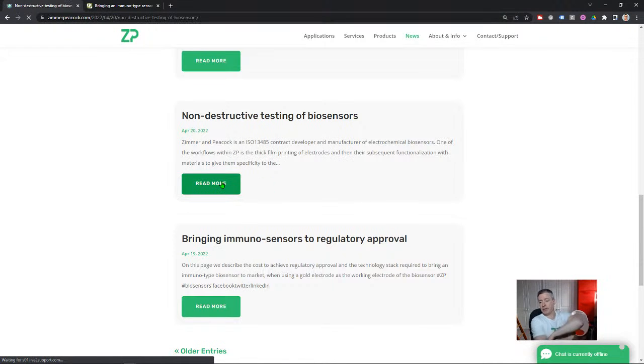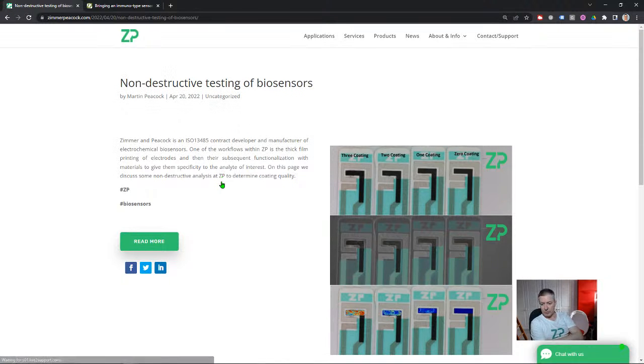Now, at Zimmer and Peacock, I think this comes back to something we were talking about earlier on, which was that people are very interested in setting up their own labs and doing biosensor development. I talked earlier about how you need the hardware, the training of the people, the testing, obviously parallel testing, and the storage of the data.